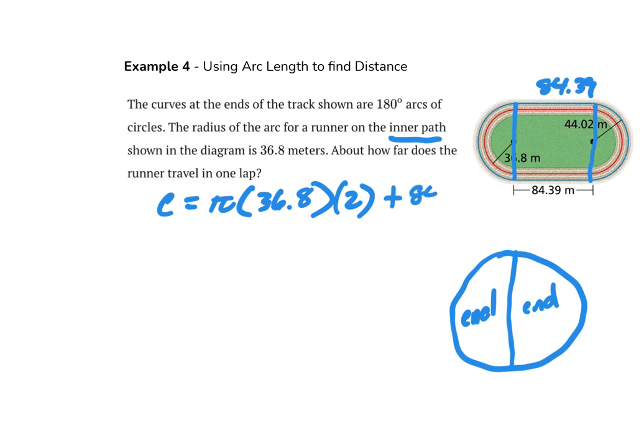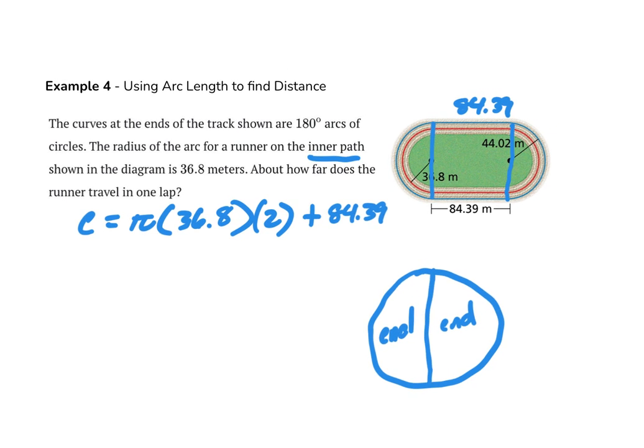And then I'm going to add 84.39 plus 84.39. Because here's the path that I'm going to take. That red outline part right there. 84.39, 84.39, and then these two together make the circle.